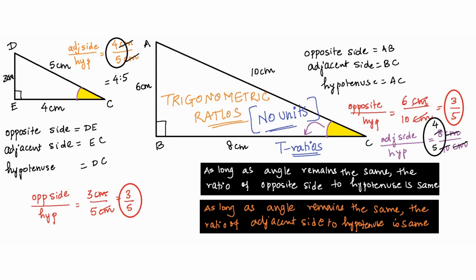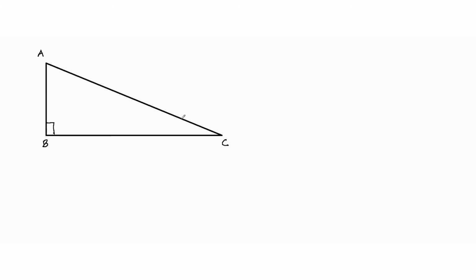So let us now understand these trigonometric ratios in greater depth. Consider I have a right angle triangle ABC and assume that angle C is the angle of reference right now, right? With respect to angle C, so let's note down a few things here.